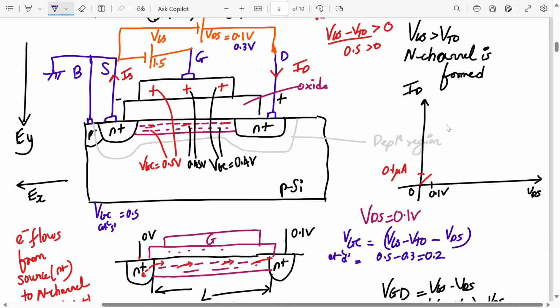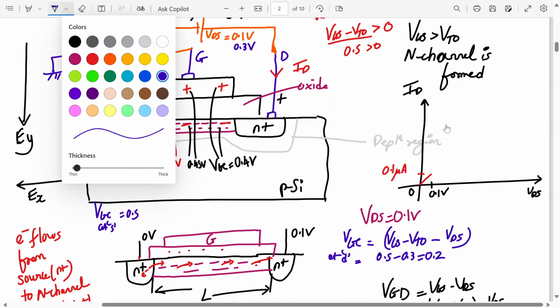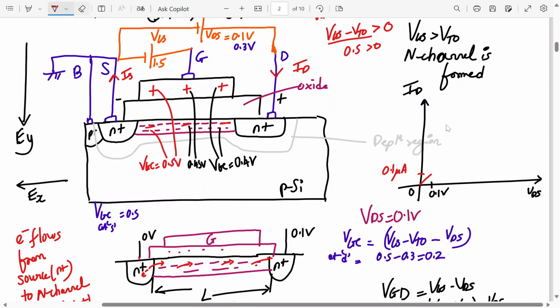Will the current increase? Yes, because drain to source voltage is increasing, but this curve will be, earlier it was a straight line over here, let's say up to point 1 it was a straight line, up to point 2 it was a straight line. Once it reaches point 3, after point 1 the slope will change, so its slope will reduce or increase?